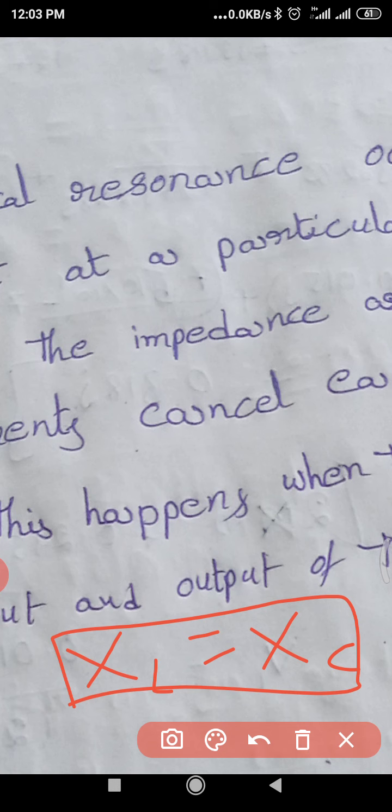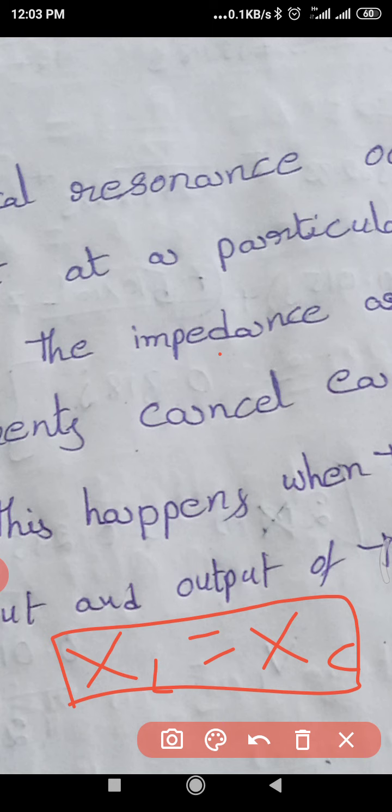All the inductive effect and capacitive effect become zero, so the entire circuit becomes a resistive circuit. If the circuit is purely resistive, what about the phase angle between the voltage and current? For a resistive circuit, the voltage and current are in phase.